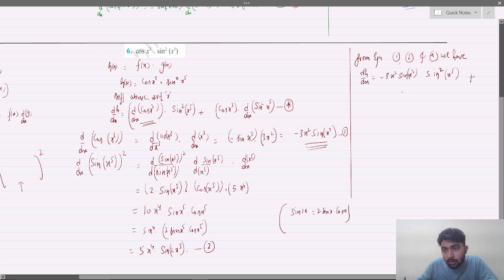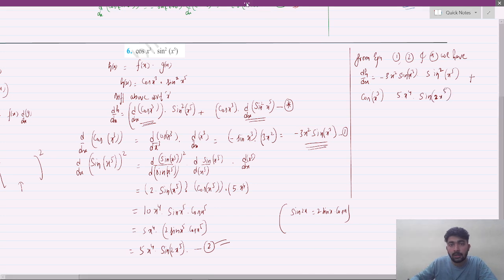Cos cube x is as it is, so here I will write cos x cube as it is, and the derivative of this complete function is determined by the second one, so it will be 5 x raised to the power 4 sine of 2 x raised to the power 5. Okay, this is your final answer.